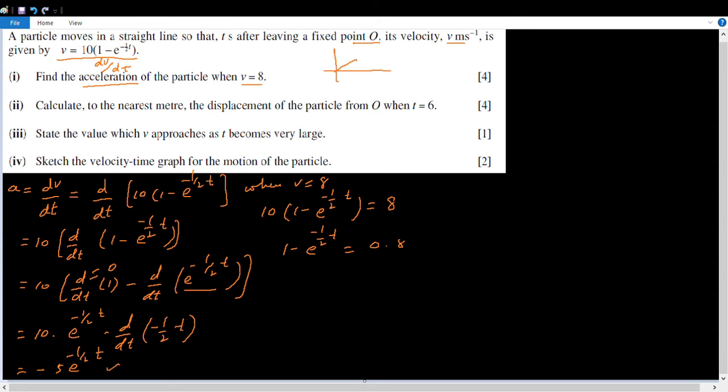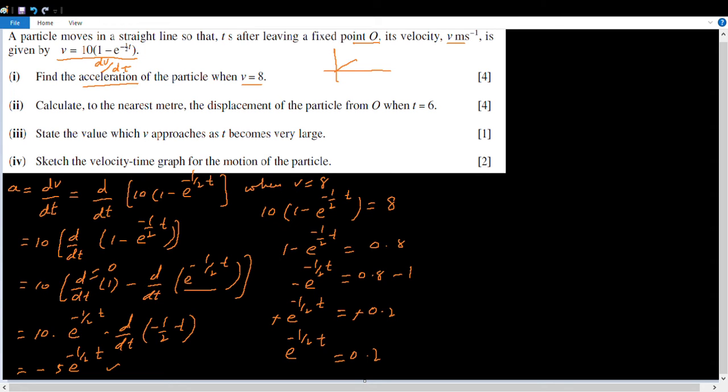Then it will become 0.8 minus 1, and you will get here minus 0.2 and minus e power minus 1 over 2t. This cancels this one, so e power minus 1 over 2t is equal to 0.2.